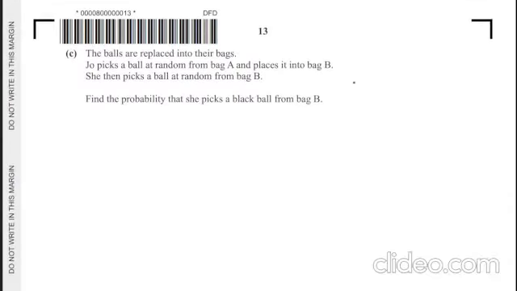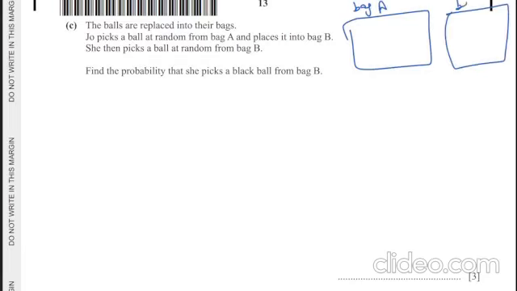Okay. The balls are replaced into their bags. Joe picks a ball at random from bag A and places it in bag B. She then picks a ball at random from bag B. Find the probability that she picks a black ball. So we have bag A and bag B, 5 white, 3 black, and 3 white, 1 black.